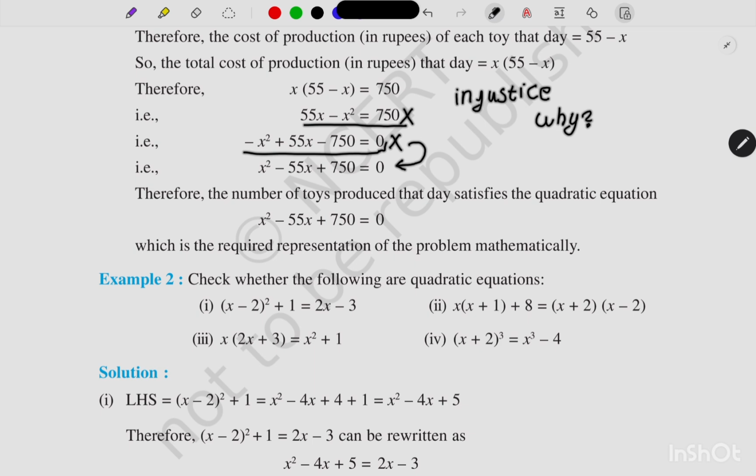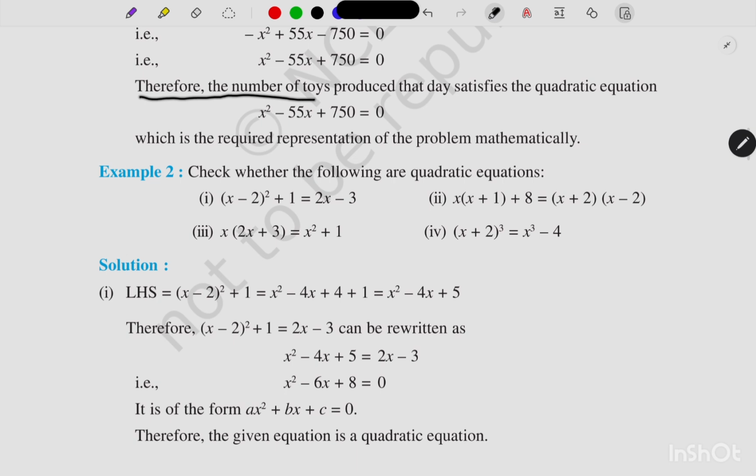Whether you're scoring low marks or not, you must always make it in the correct format: ax square plus bx plus c. It is more preferable if a here, that is in this case 1, is positive and not negative like in this case. It is for getting finer marks.